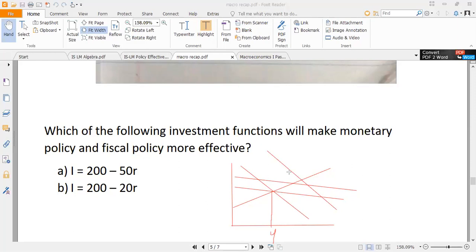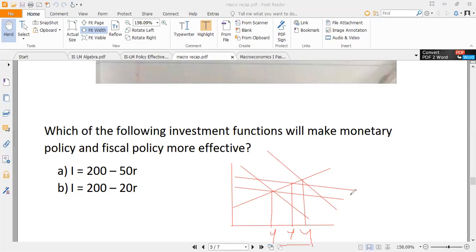Drawing this is a bit difficult. On the steeper one, this will be the new change in y, and on the flatter one, this will be the new change in y, because this will be the new equilibrium point. Looking at the two, the change in y here will be larger than that of this.